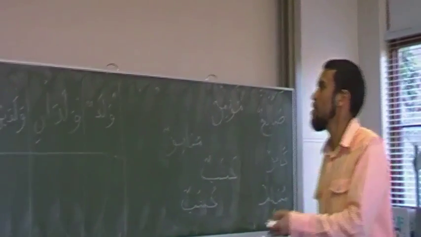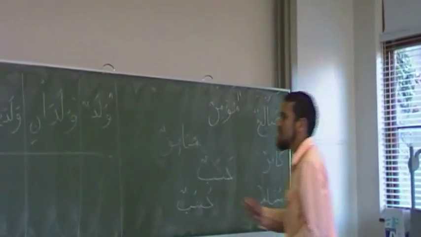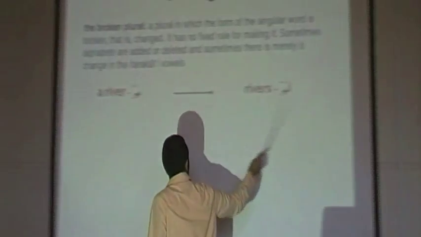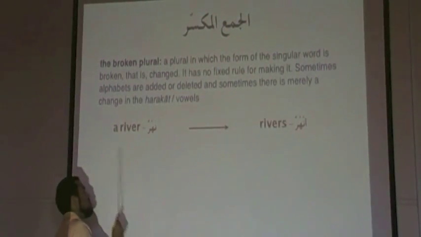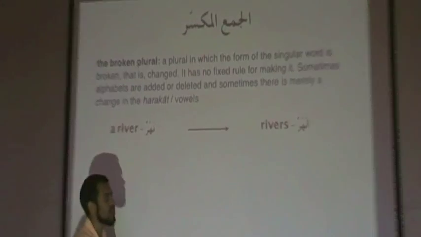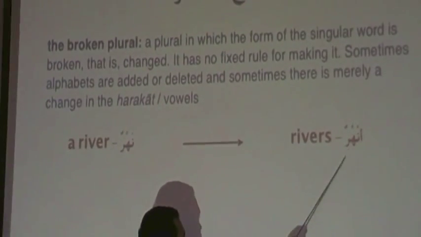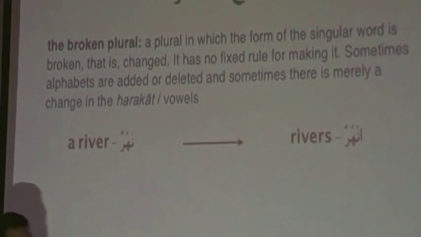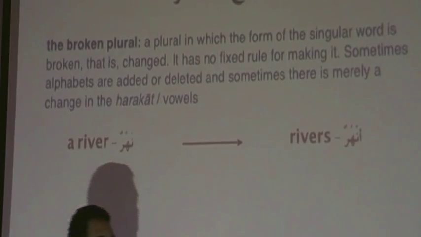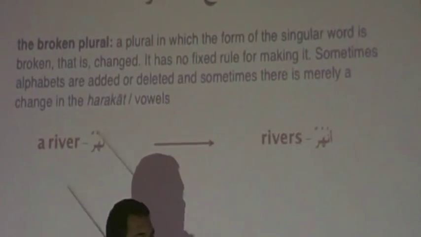Okay, very good. Now the broken plural, you can see that the word breaks up. The vowels are changed. Things are changed in the original structure. So a river is nahrun. Its plural is anhur. Anhar is days. Naharun, anharun.